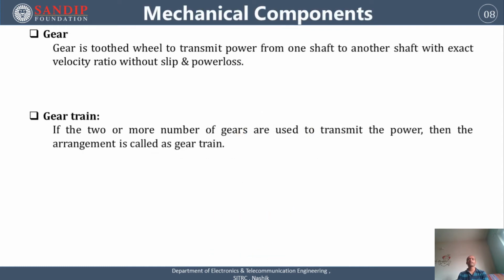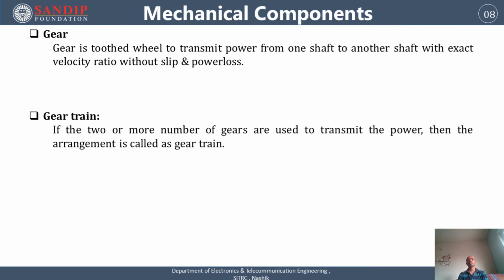Now, the next mechanical component we are going to learn about is the gear. Gear is also very important for developing mechatronic based applications. What is the gear? Gear is a toothed wheel to transmit the power from one shaft to another shaft with exact velocity ratio without slip and power loss.